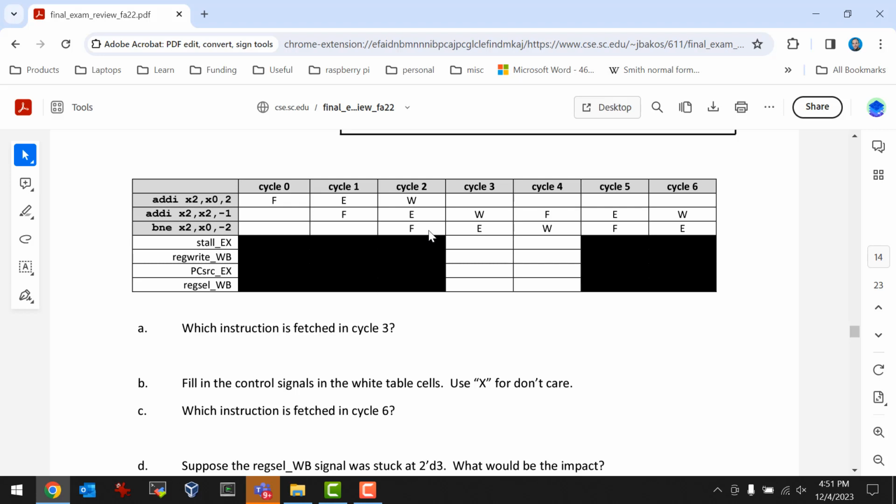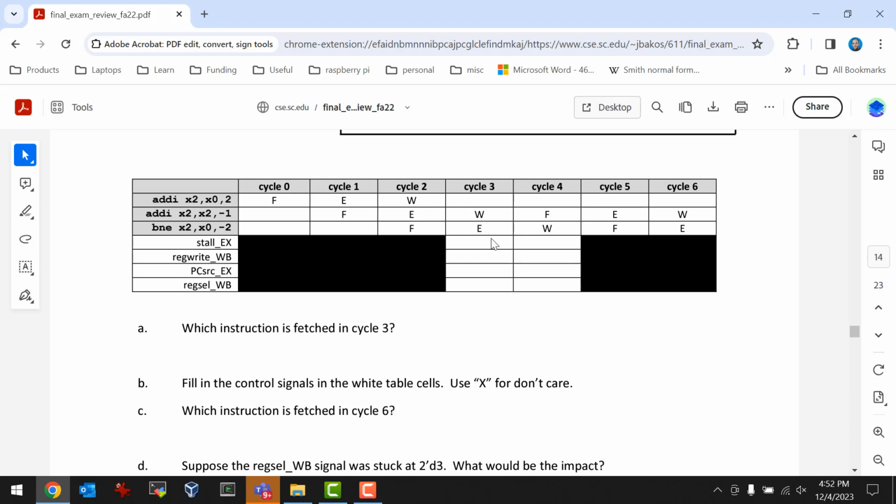But why do we have fetch in cycle 4? Because we have the branch, that's why. Oh, I'm sorry, I forgot, we have the branch, right? This branch is taken. And so we fetch the first instruction, second, third, and after the third, in cycle 3, we're going to be fetching the fall through for the branch, whatever comes after the branch, right?